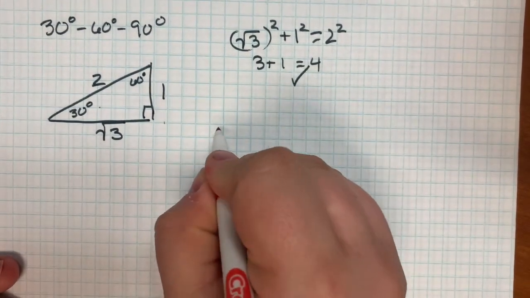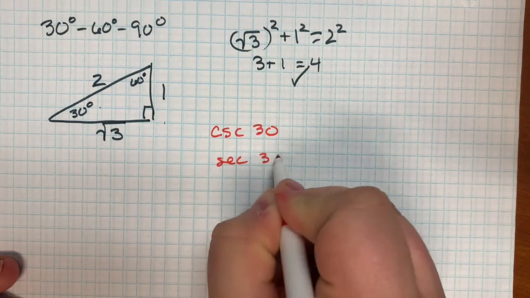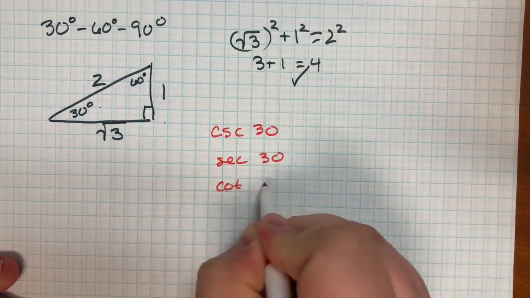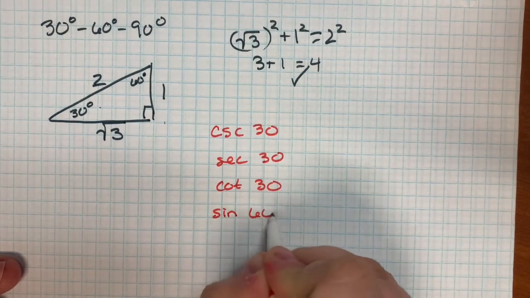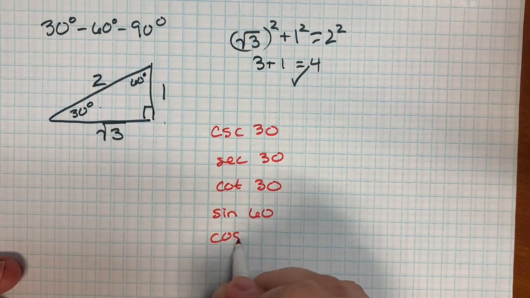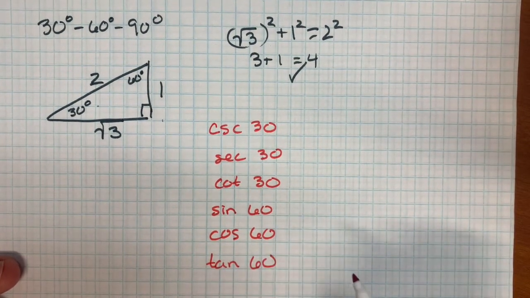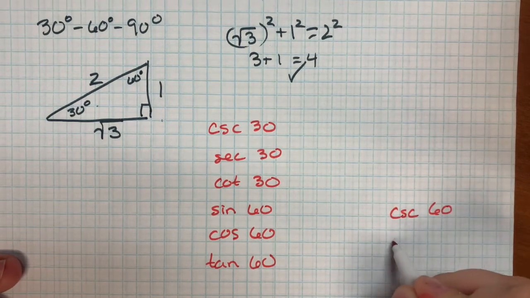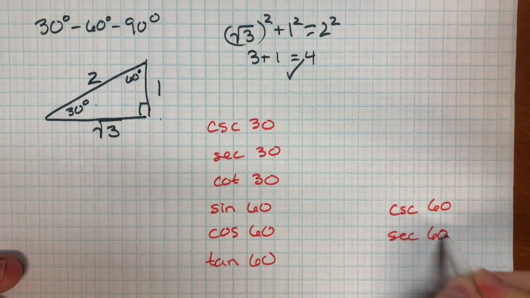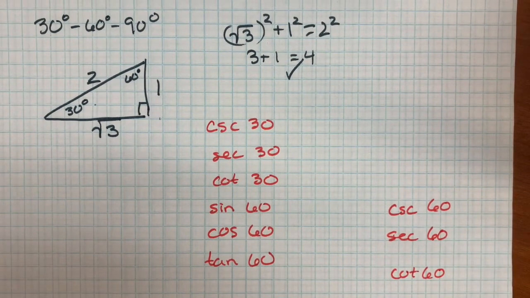So say find cosecant of 30, secant of 30, cotangent of 30, sine of 60, cosine of 60, tangent of 60, cosecant of 60, secant of 60, cotangent of 60.